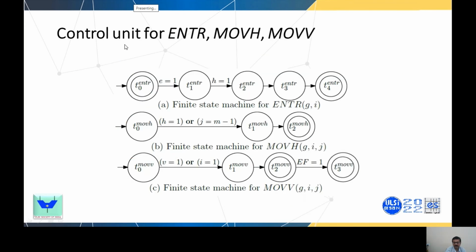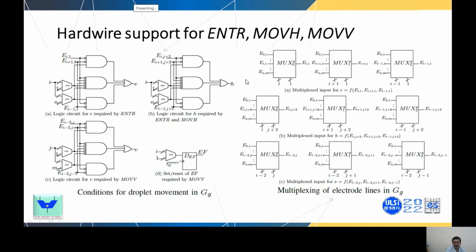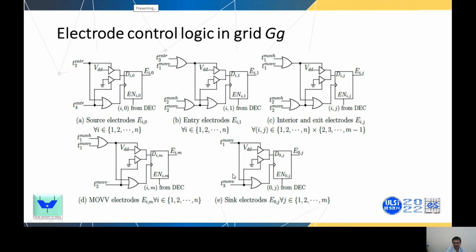So this is the control unit of this finite state machine, representing the control unit of these 3 instructions, and these are the conditions. We check the conditions and we multiplex the electrode lines, so that we can use only one circuit for each grid. We can have one collection of these circuits, so that we have less hardware requirement.